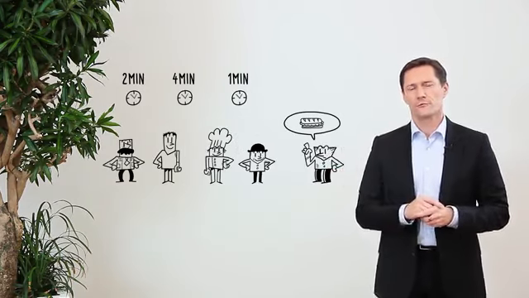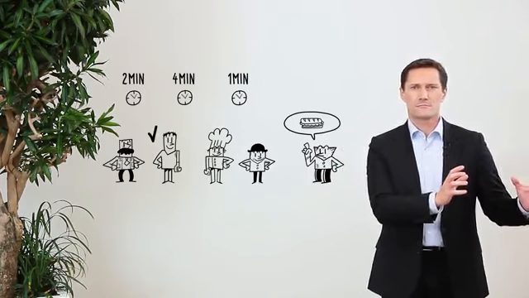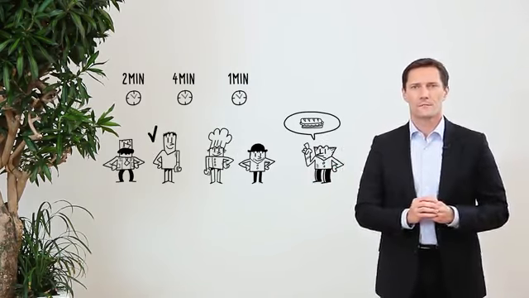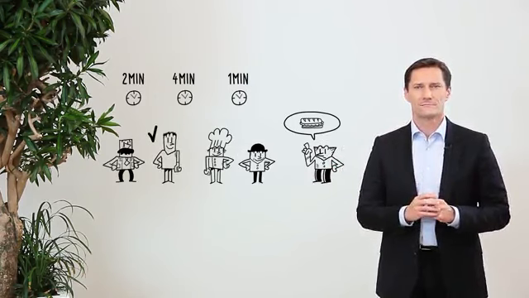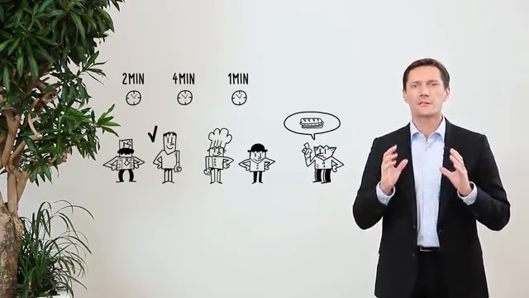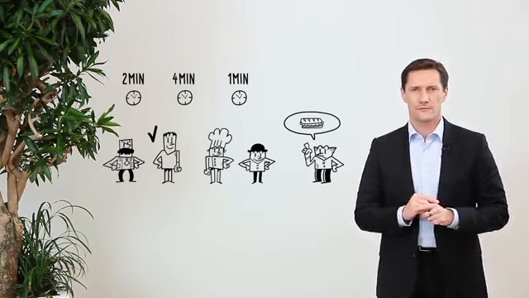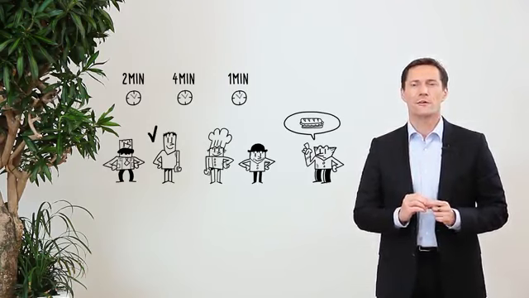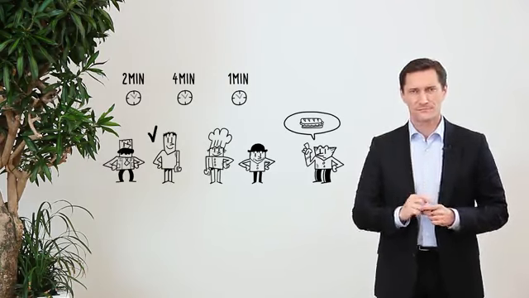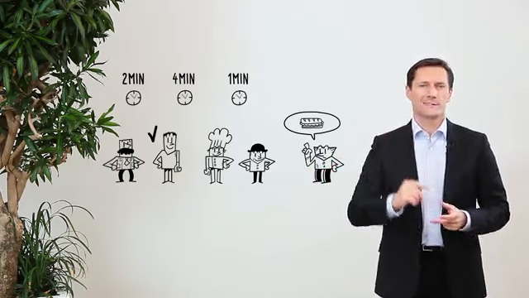So what do we do now? Let's think it through. Workstation A is fine, because it works according to TACT. How about workstation B? It's too slow, right? Workstation B needs an additional employee to cut workload and process time by half in order to work according to TACT, 2 minutes. And workstation C is way too fast.